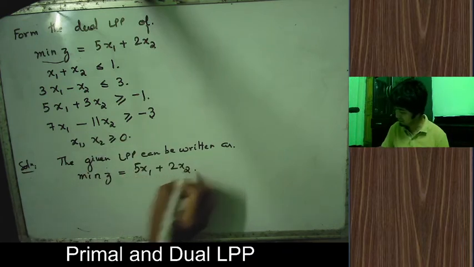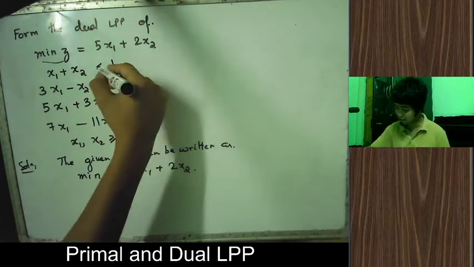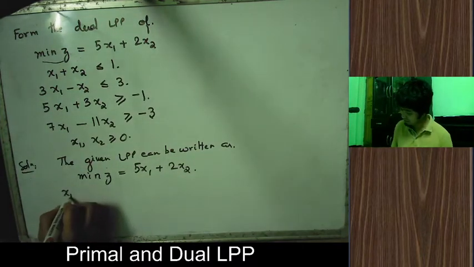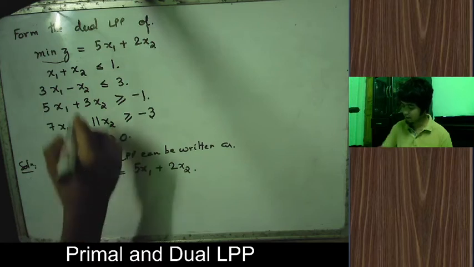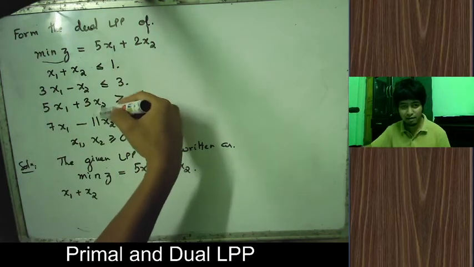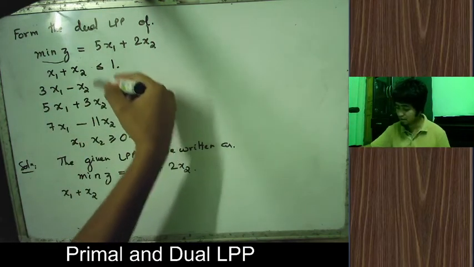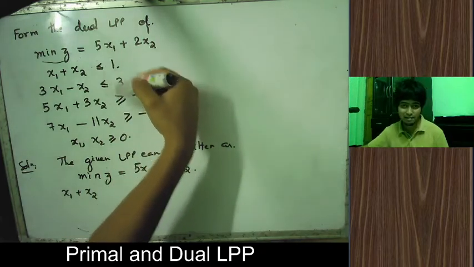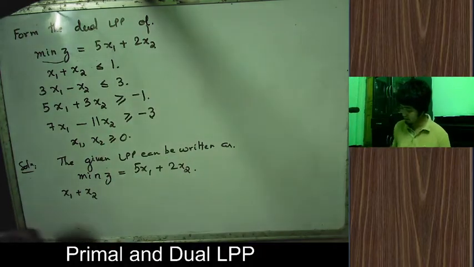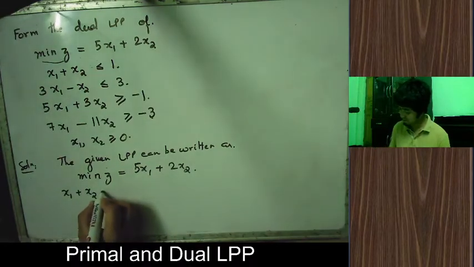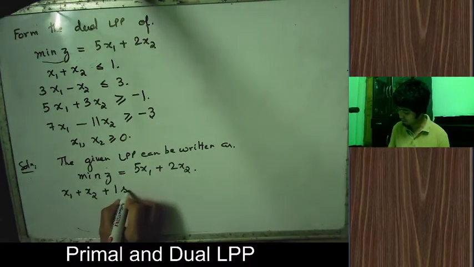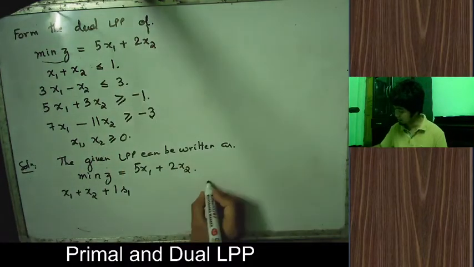2x2. Now let us change this one into equality. x1 plus x2. Just remember that over here we are having four constraints, so there will be 4 extra variables. Over here will be plus 1s1 and will be equal to 1.